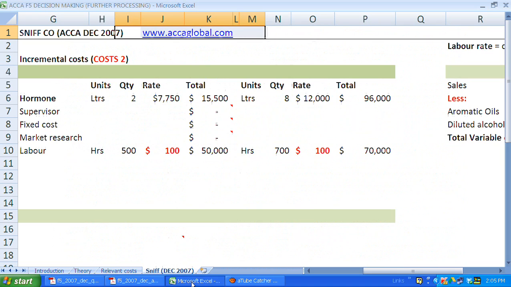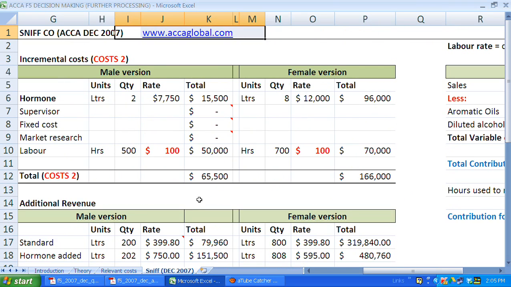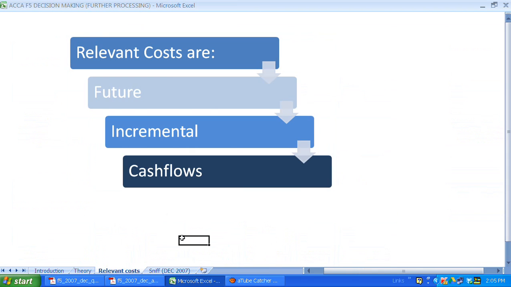Let's assume that you've gone through the question and you understand what is involved. But before we proceed, I want to illustrate something called relevant costs. What is a relevant cost? A relevant cost is 3 things. It is something which is going to occur in the future as a result of a decision we've undertaken.